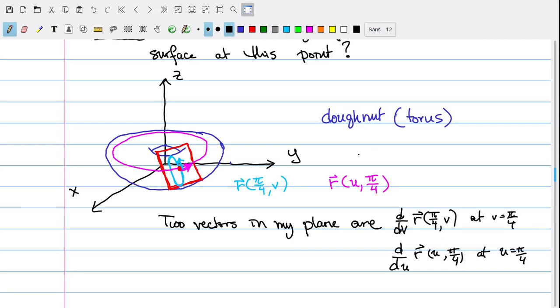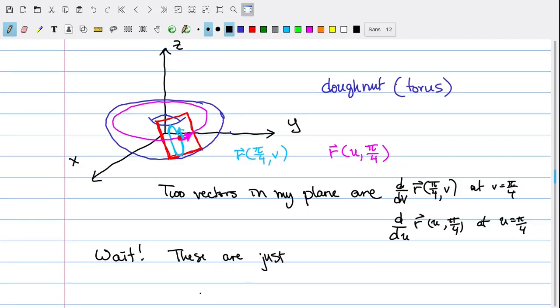Now, one thing we might notice is that these are just the u and v partial derivatives of the r vector. I'll call them r sub u at the value pi over 4, and r sub v at pi over 4.